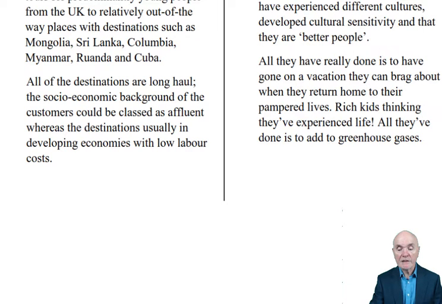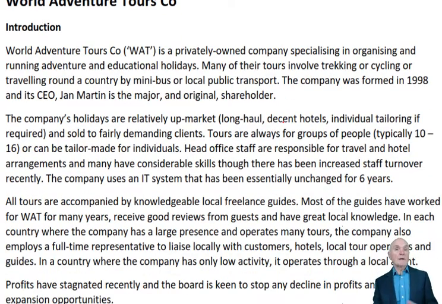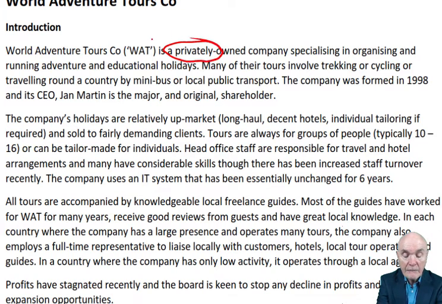And what you should be doing as you go through these is to be trying to maybe underline or look at information which is potentially going to be of relevance to us. And you should always be thinking, why has the examiner bothered telling me this? So here we're told it's a privately owned company.